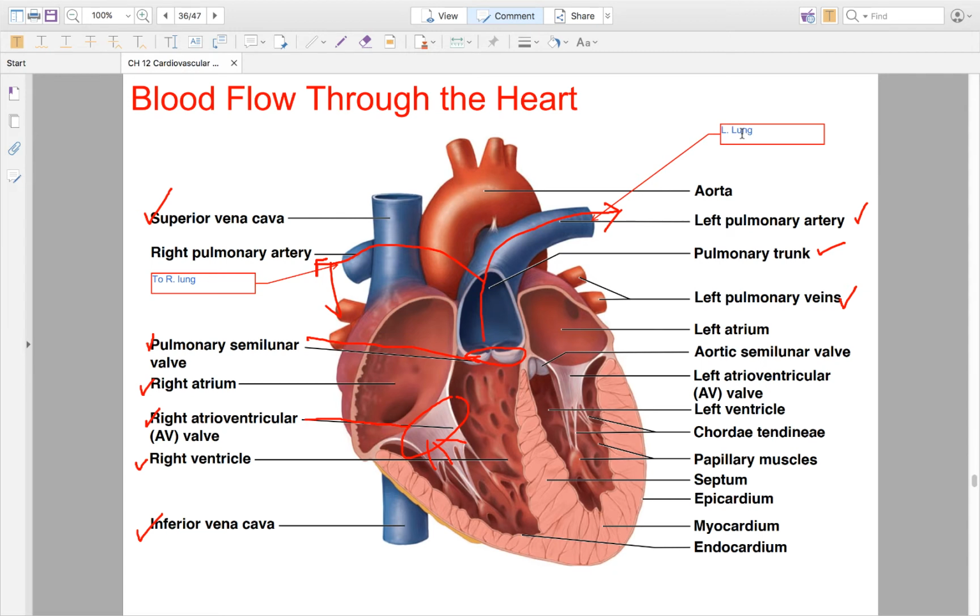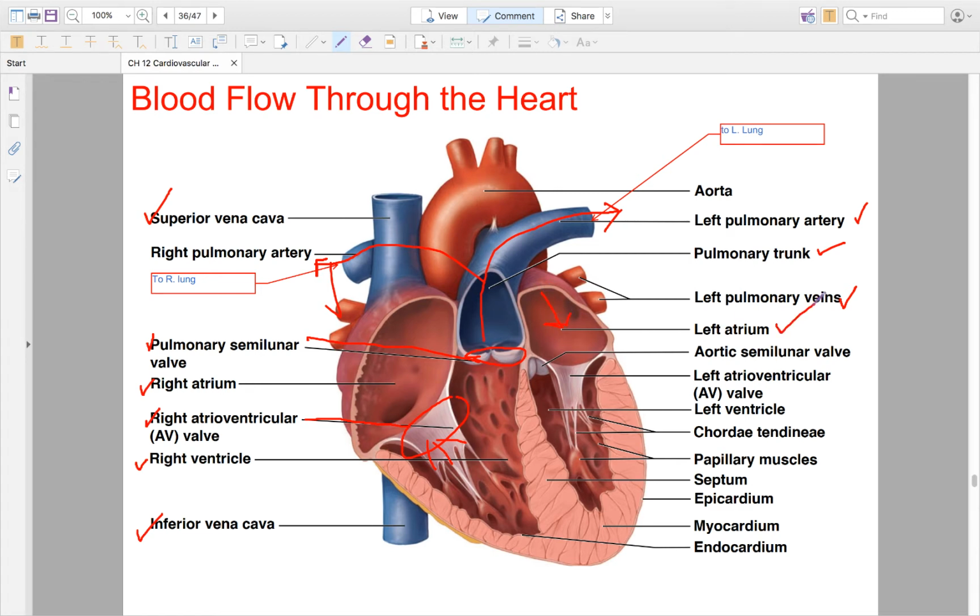And it's important to understand that because now blood's going to come back from the lung and enter the heart at the left and right pulmonary veins. And of course they enter and they will fill into the left atrium.